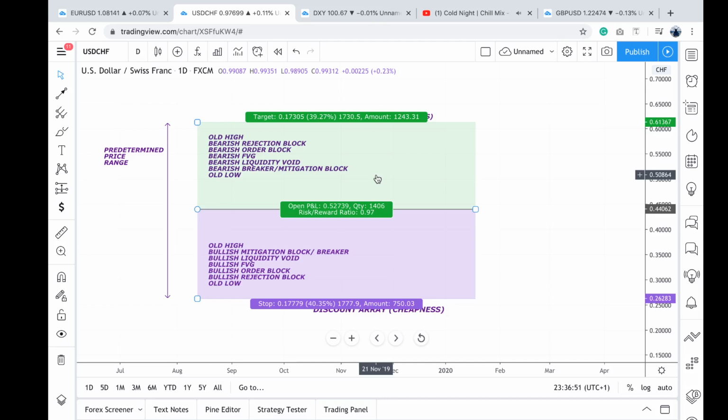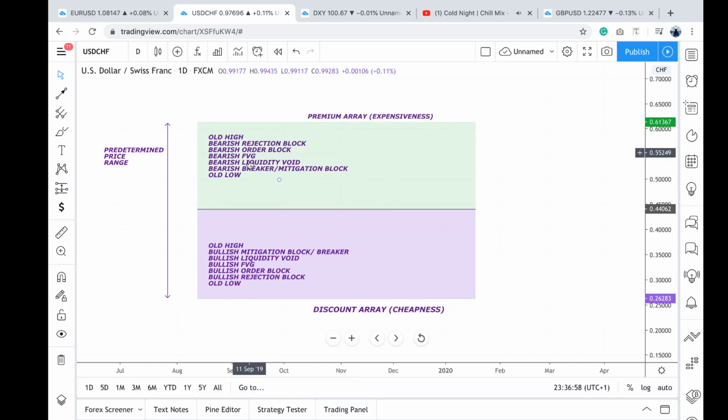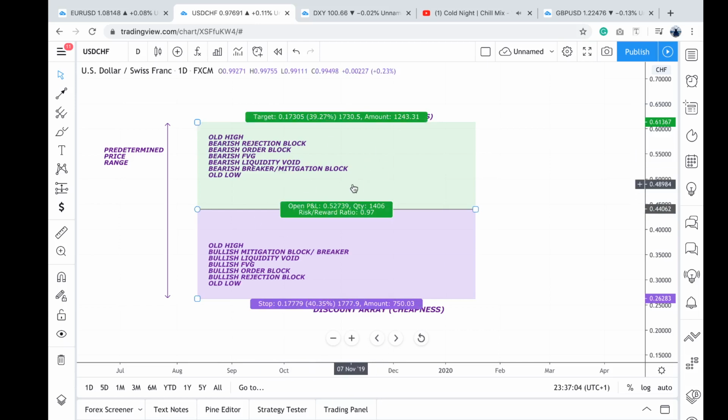That's exactly the way the central banks view price. So what they basically do, off one of these premium institutional reference points, is come into the market and push it down by placing blocks of sell orders around that price point.